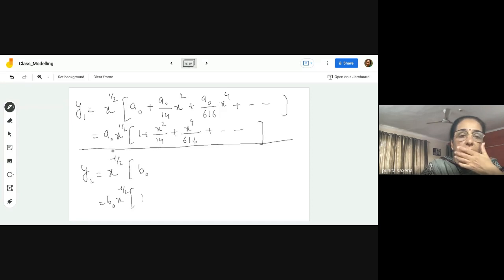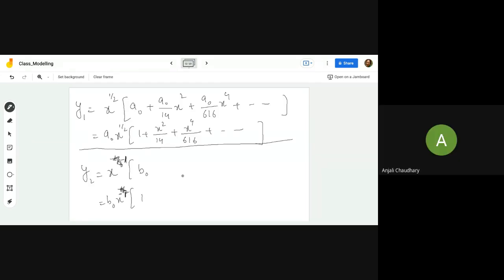Now R is -1. So what will be B2? Ma'am, B0 by 2.